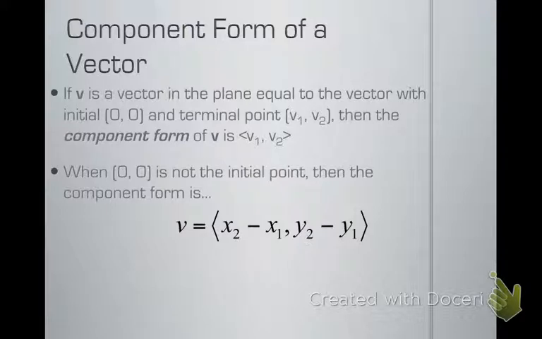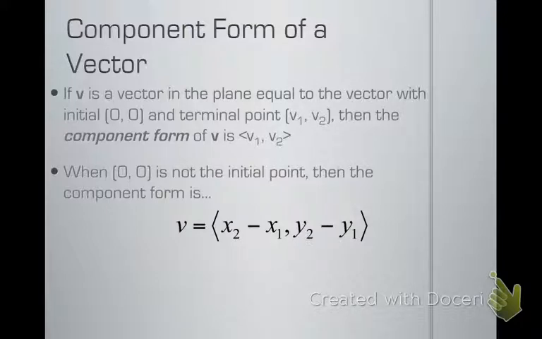The component form of a vector describes the pathway that the vector takes, and this will make more sense when I show you a picture. If it starts at 0, 0 at the origin, then the component form is the amount we go left or right and the amount we go up or down.